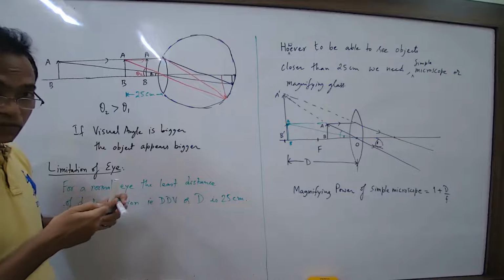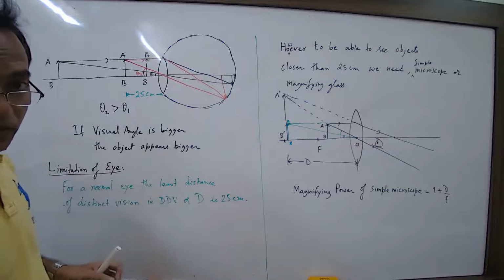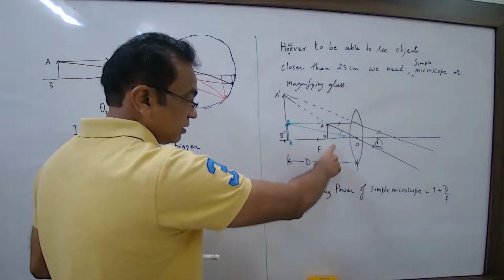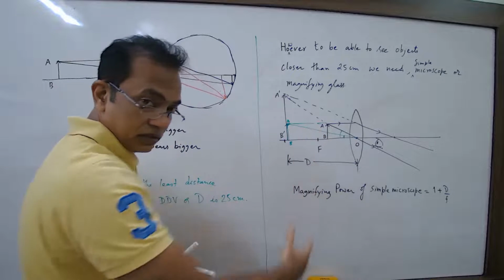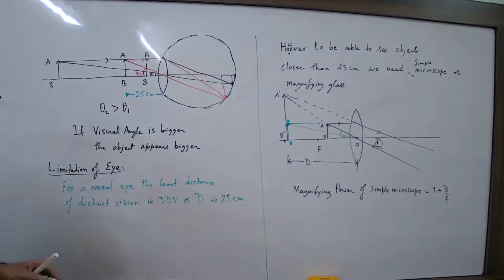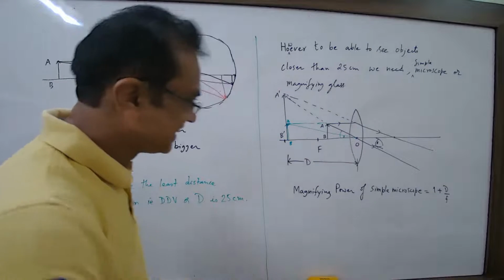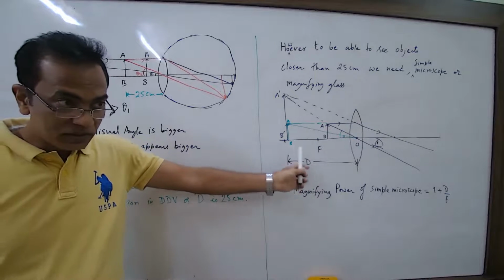Then you need a lens to see it. Okay, so it is that situation. The object is so small that even with your normal eye, you need some aid to see that. Is that clear? You should have explained what she did not understand. Okay, fine. Is everybody with me now on this?